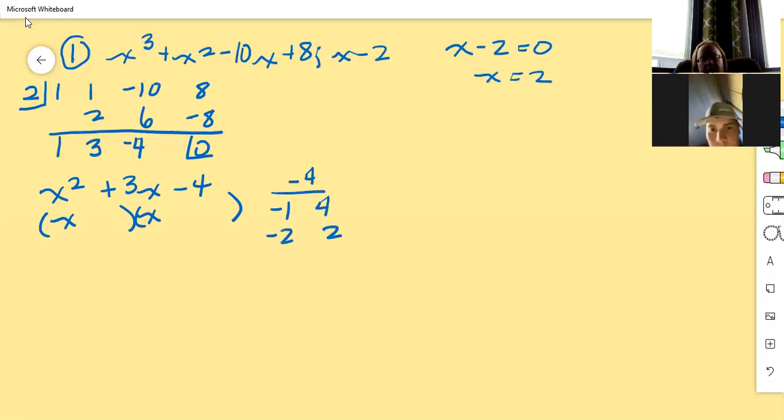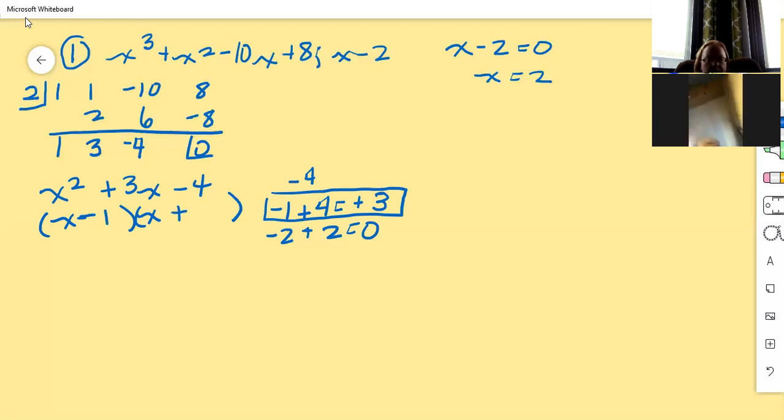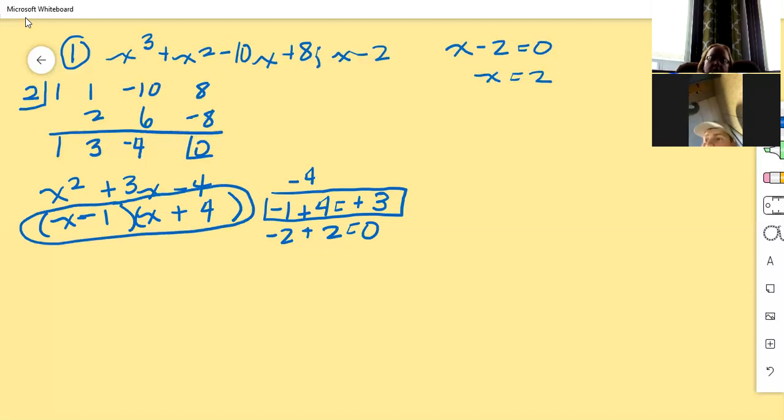If we add these, we get a positive 3, and if we add these, we get 0. I want this one, right? So inside, I'm going to have x minus 1 and x plus 4. It says, given a polynomial, find the remaining factors, so this would be the answer.